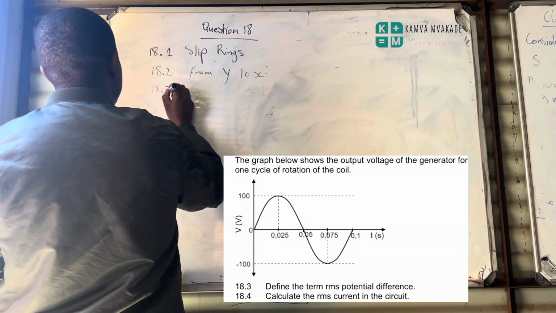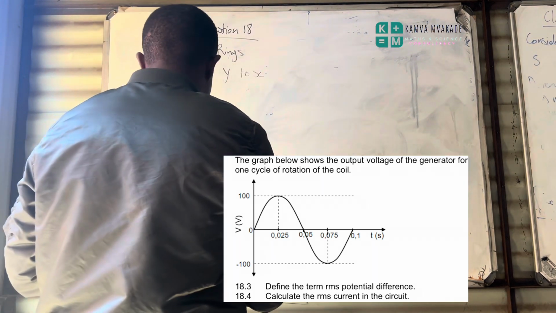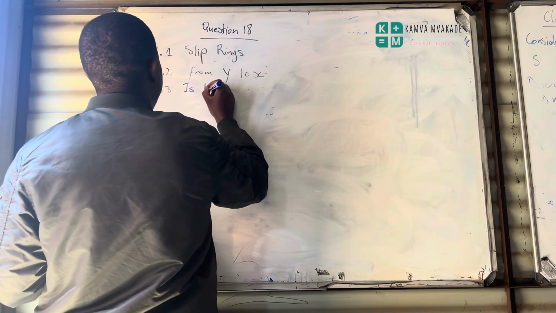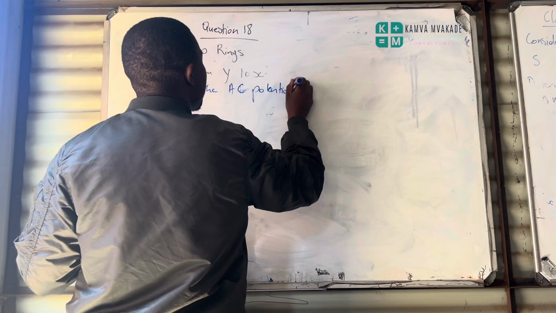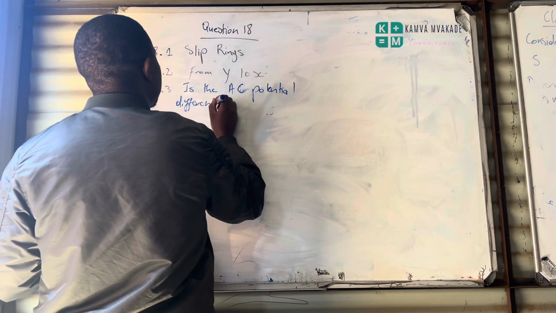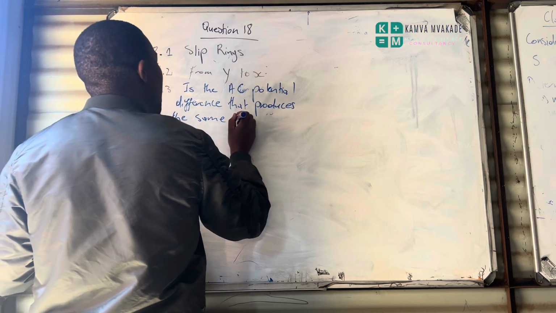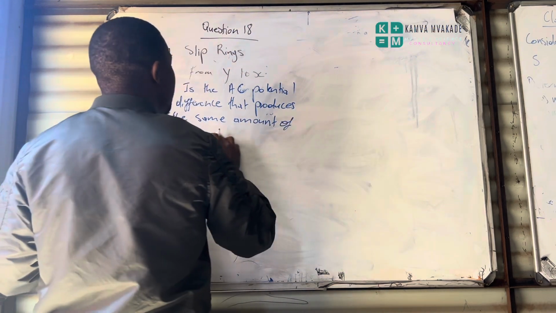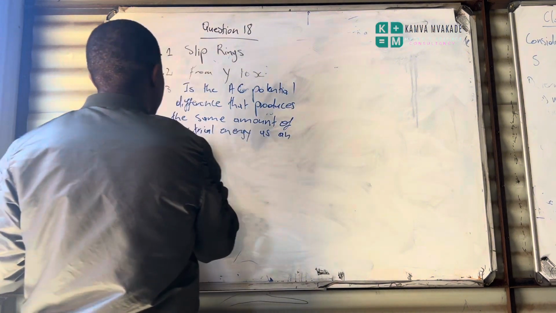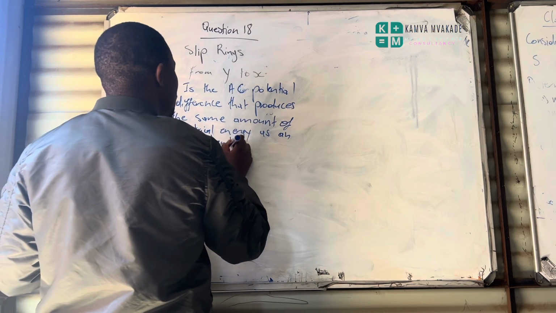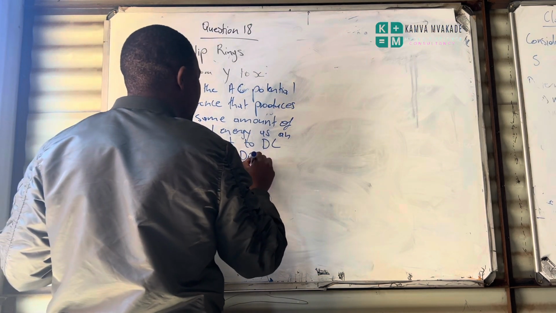The root mean square potential difference is the AC alternating current potential difference that produces the same amount of electrical energy as an equivalent DC potential difference.